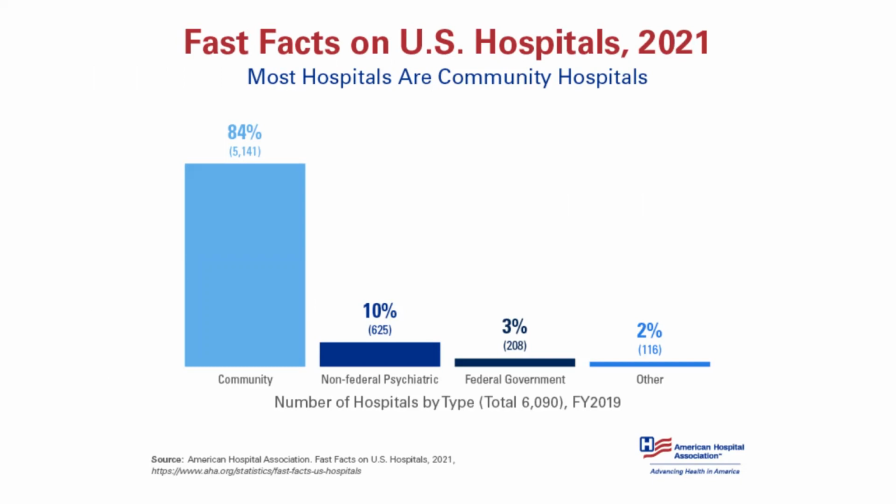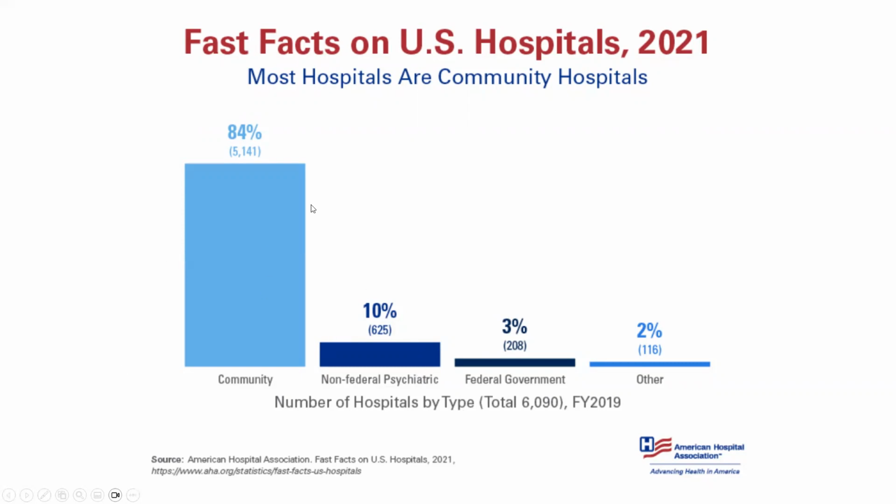So 84% of hospitals in 2019. Right? So in 2019, there were about 6,100 hospitals. About 85% of them were community hospitals, meaning they're meant to take care of the community, and they're organized to take care of the community. As opposed to psychiatric hospitals.